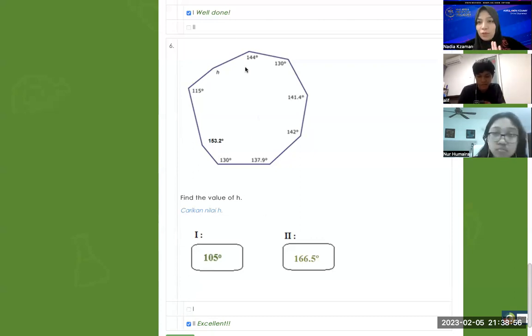Okay, basically what we went through just now, first you have to find the sum of interior angle, which is n minus 2. n is the number of sides. In this case, how many sides do we have? 9.